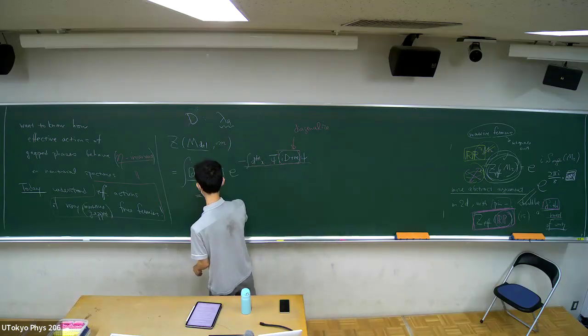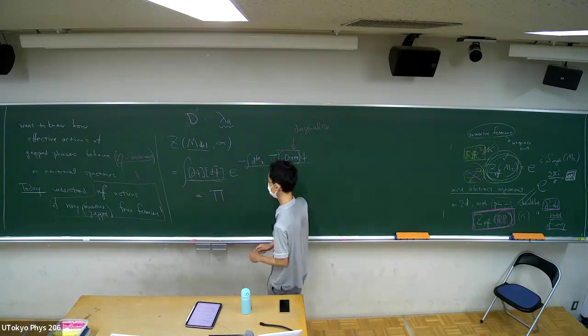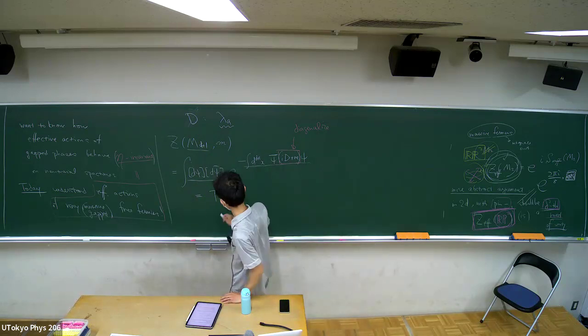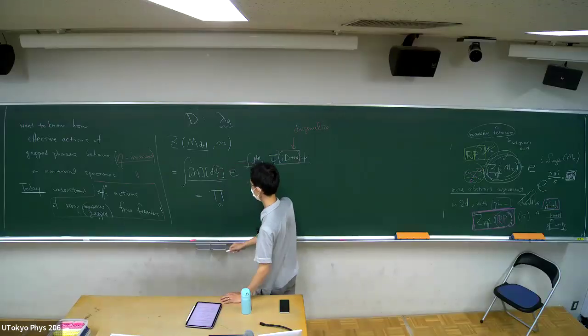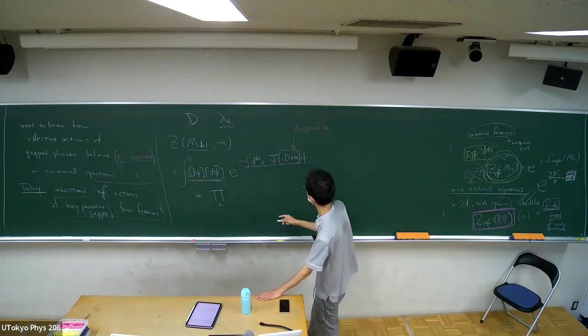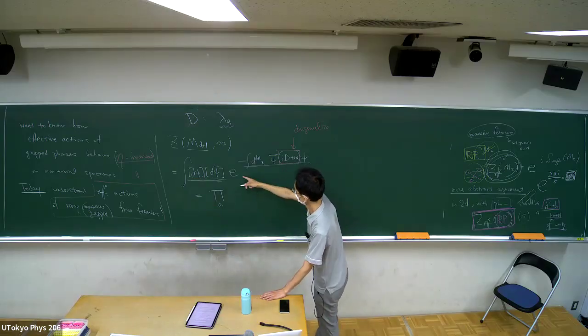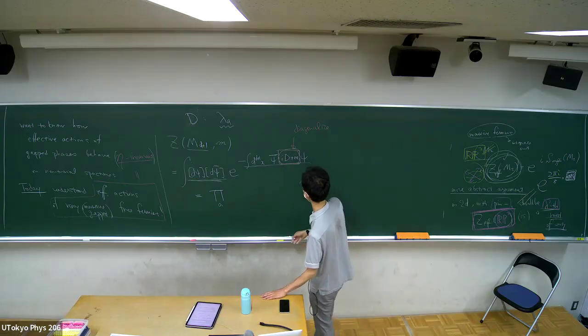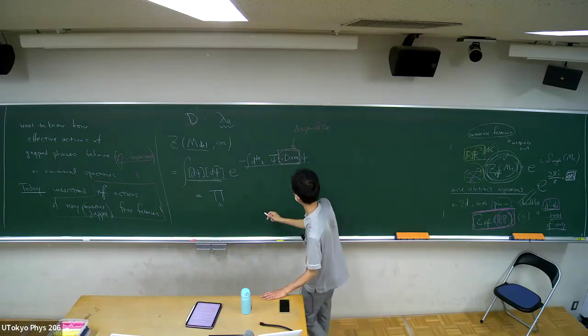Then, up to regularization, it's free. And the Grassmann integral of the exponential just extracts the value here.